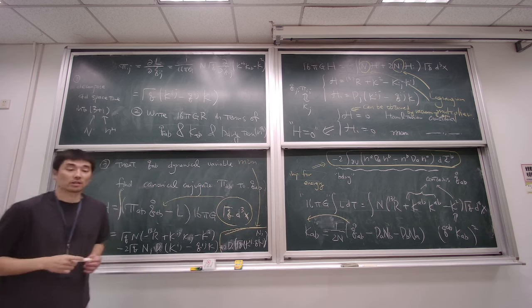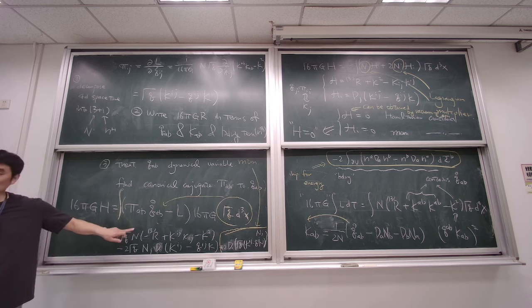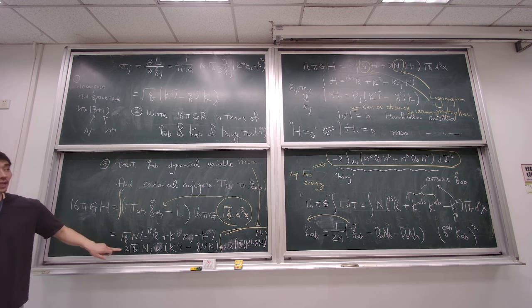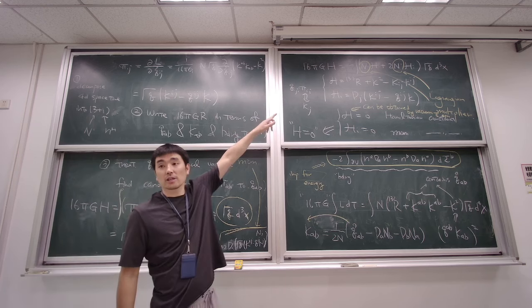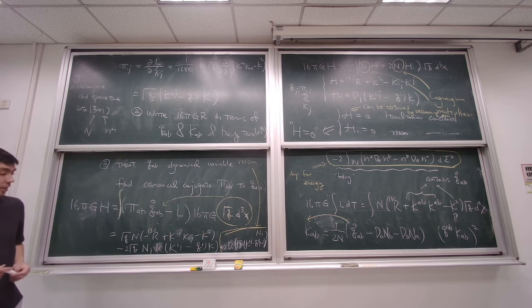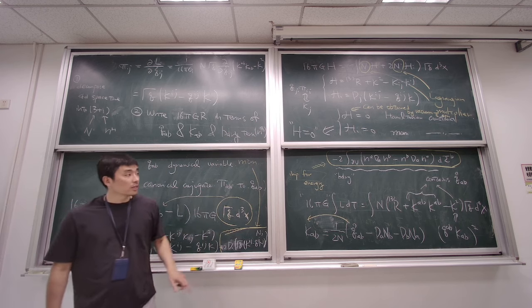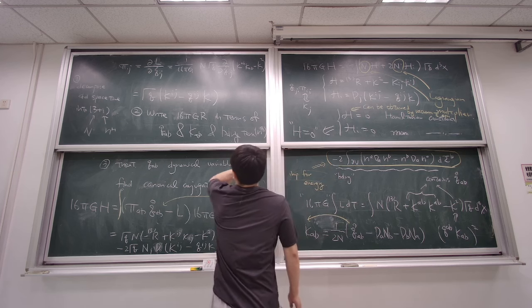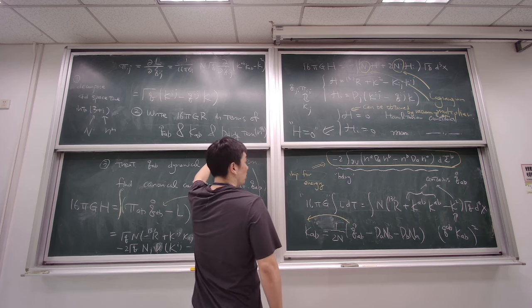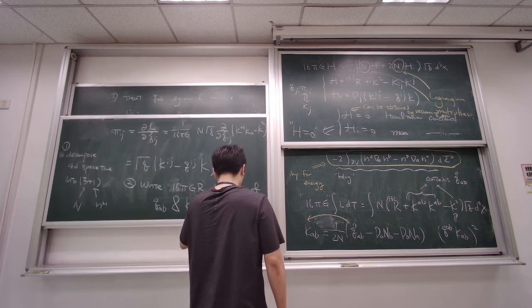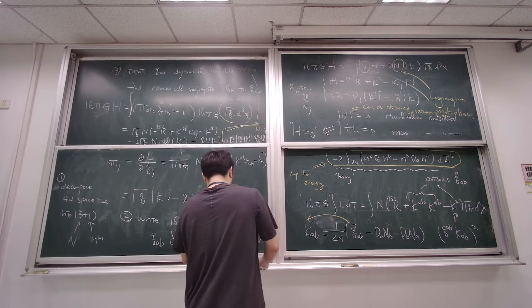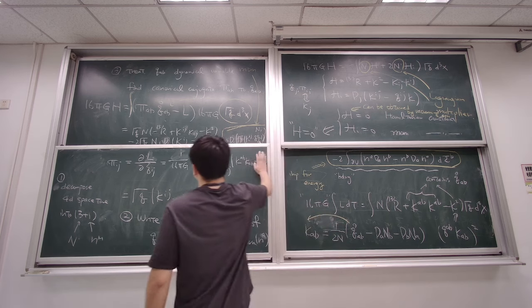I only considered the first and second terms in the Hamiltonian here. But this term is also important, and this term is important. So let's do the analysis again, including boundary terms. It is tedious.